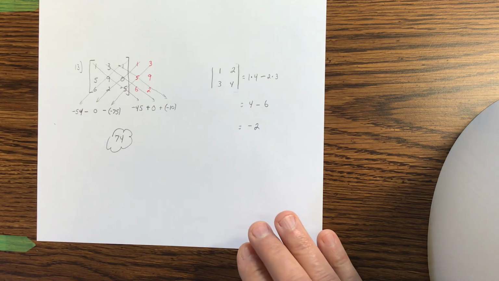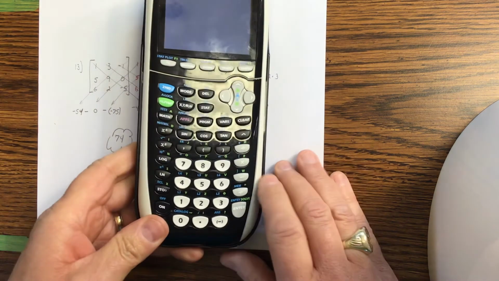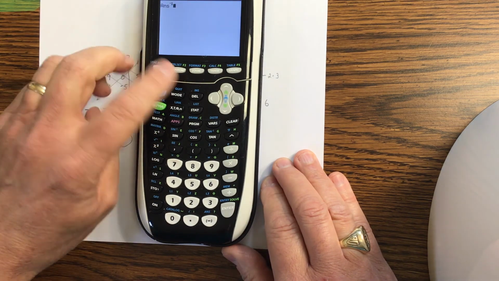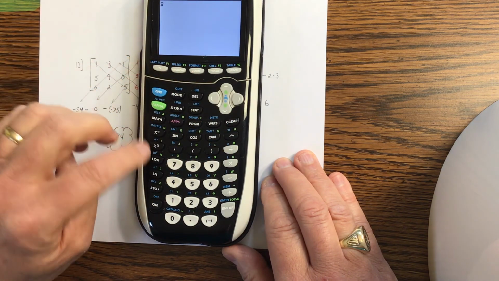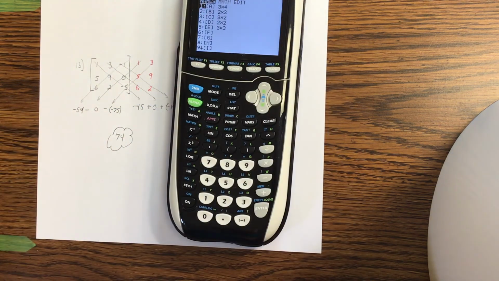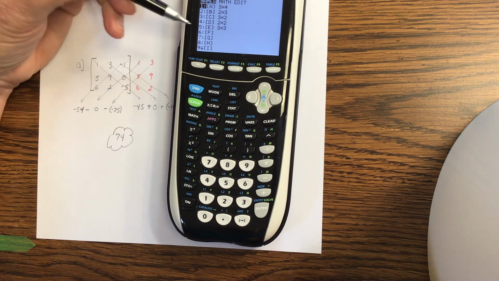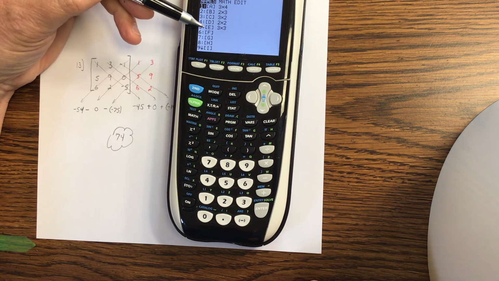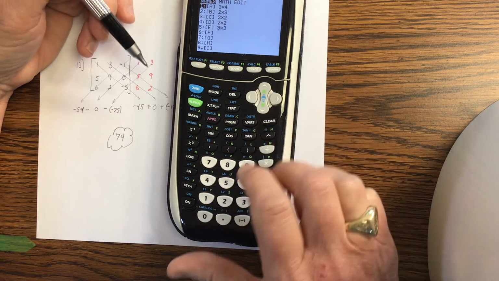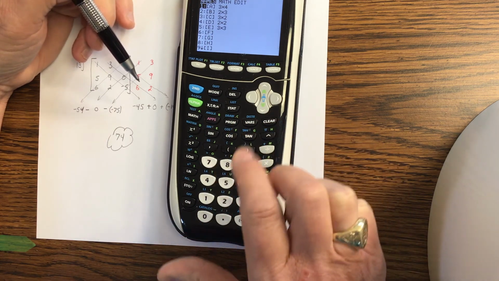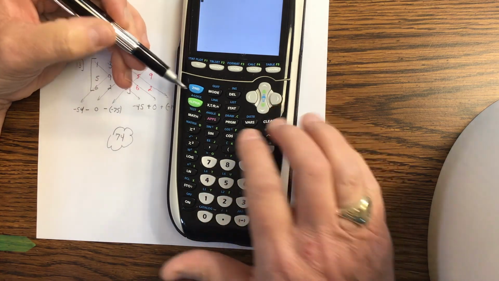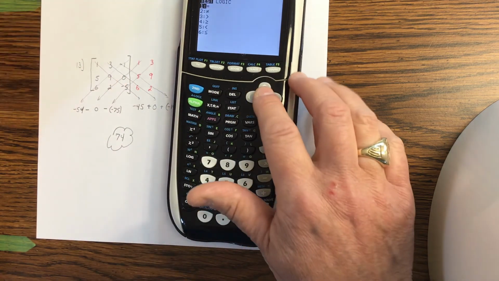Now we can do the same thing with our calculator. We go second matrix, clear that, second matrix. I've already got this one set up as a 3 by 3. We probably have to go second math.